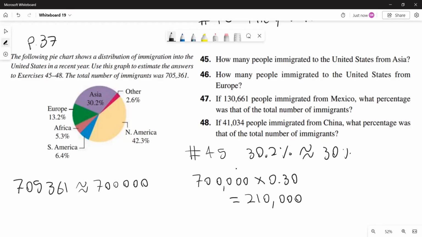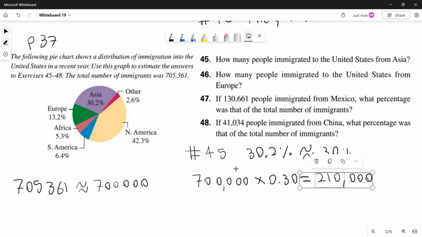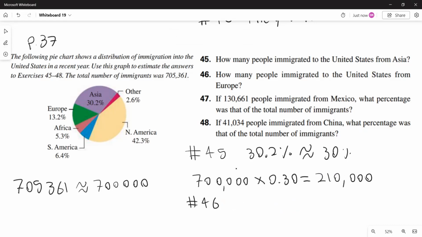Actually, I'm going to use space better. So let's bring this up. Number 46. How many people immigrated to the United States from Europe? We can see that this is about 13.2%.